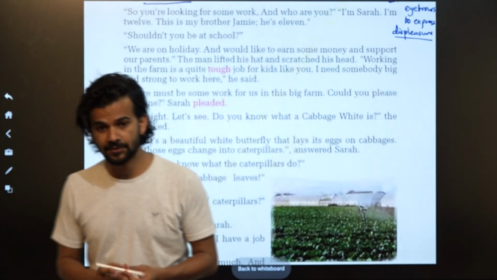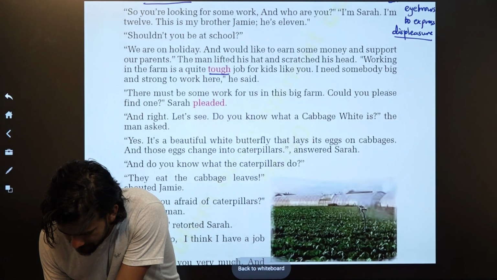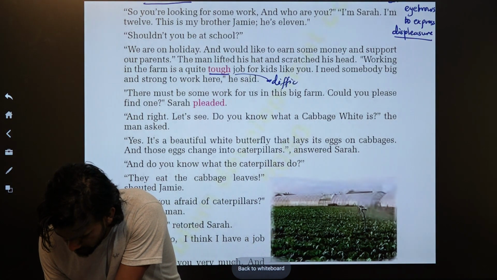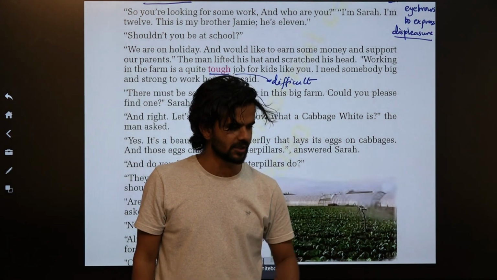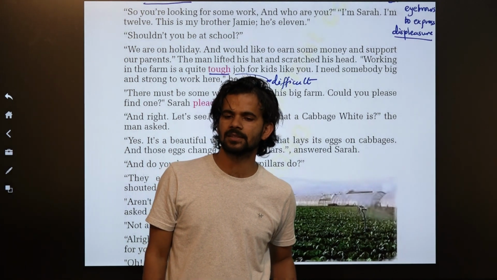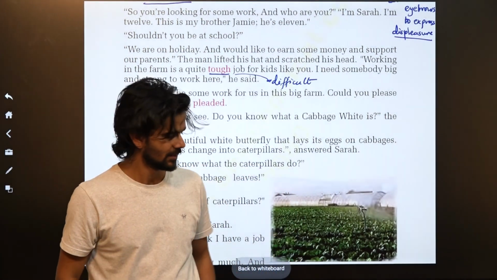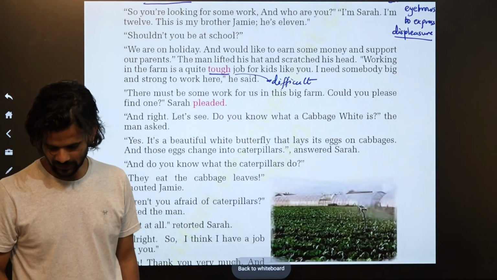Tough means a difficult job, right? It's a difficult job for kids like you. Hey fellows, you are small children. It's difficult. Understand this. That's what he says.